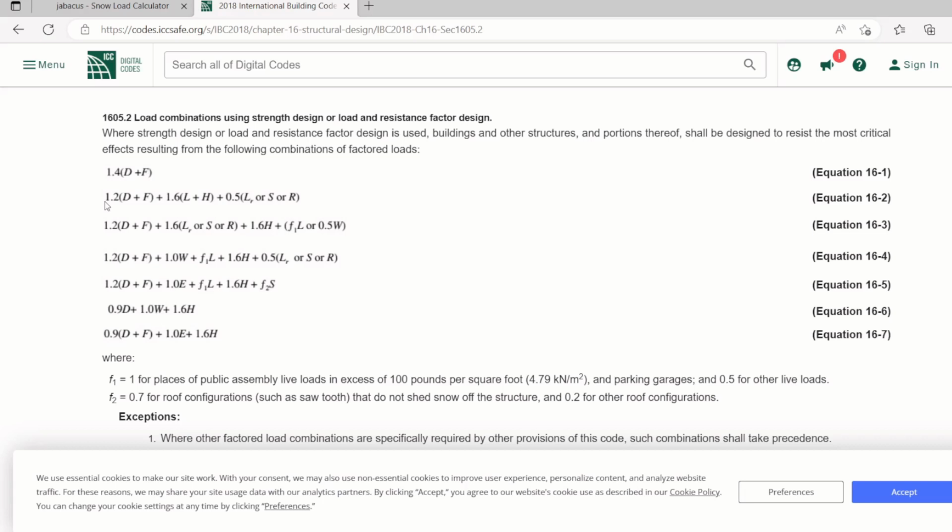So if you notice here, 1.2 dead load, and then F, I think this is fluid. Is it fluid? And then 1.6 live load plus hydrostatic, and then 0.5 roof live load, this L sub R. So that is the roof live load, or the snow load, or the rain load, whichever governs.